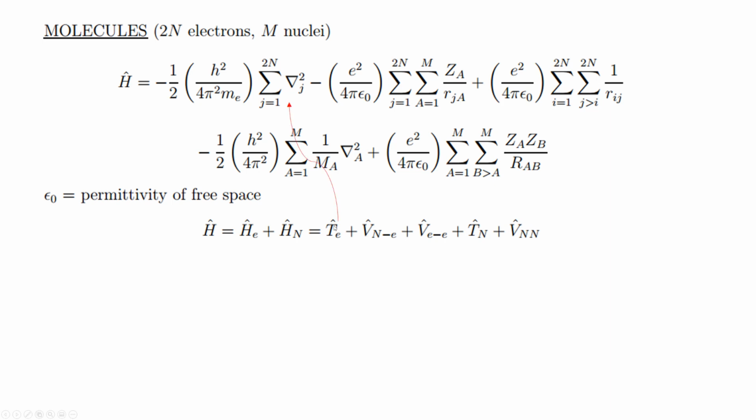The first term represents the kinetic energy for electrons. The second term represents the potential energy between electrons and the nuclei. So here we have two summations. The first one represents the number of electrons.